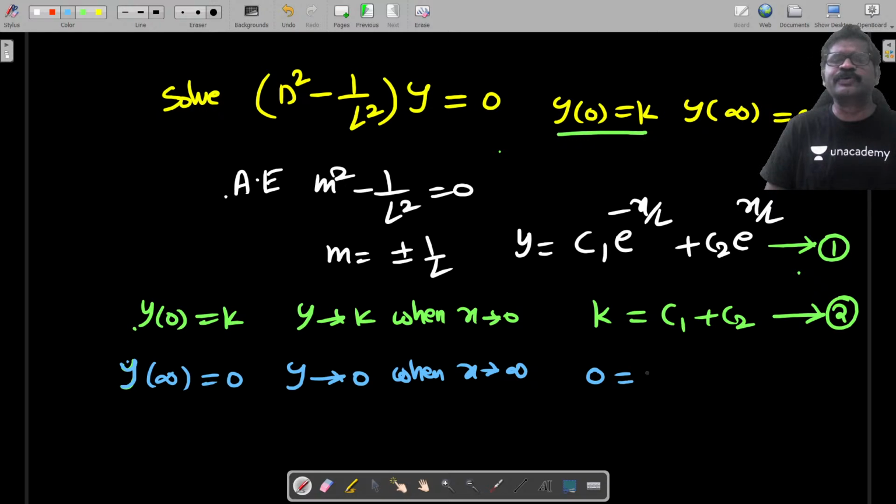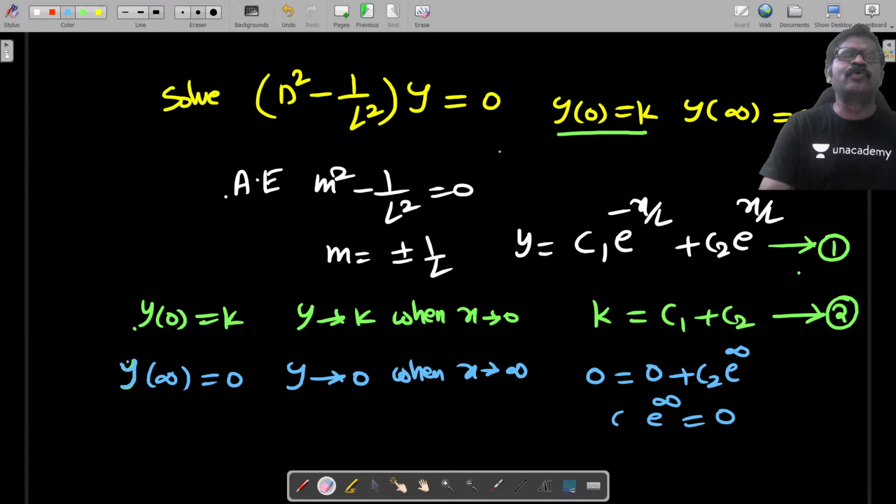So 0 is equal to c1 into e power minus infinity, which is 0, plus c2 into e power infinity. c2 multiplied with e power infinity equal to 0 means, for any product ab equal to 0, either a is 0 or b is 0. Therefore either c2 is 0 or e power infinity is 0. E power infinity is anyhow non-zero. Therefore, compulsorily c2 equal to 0.